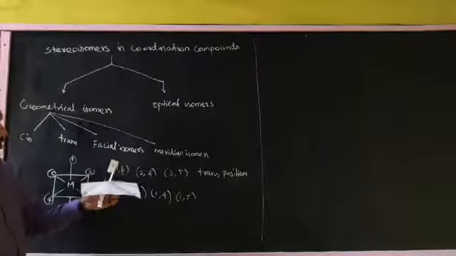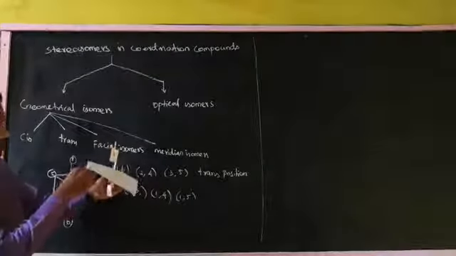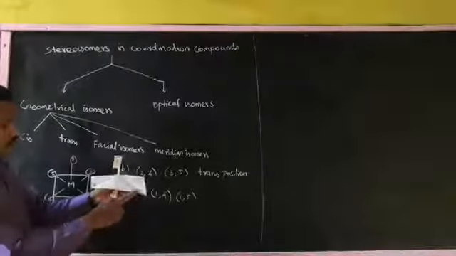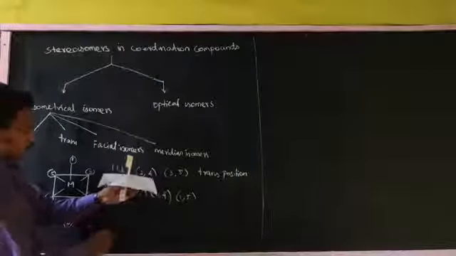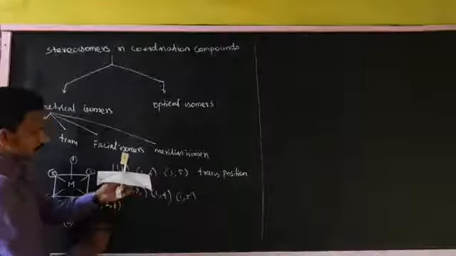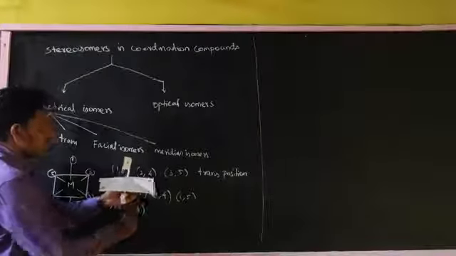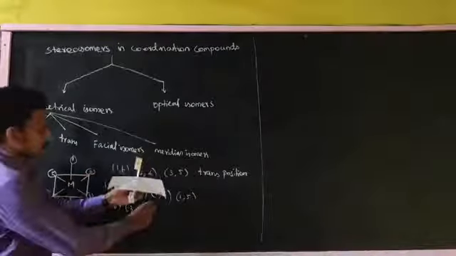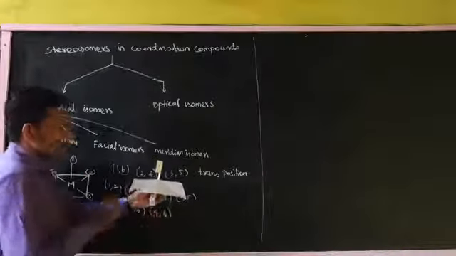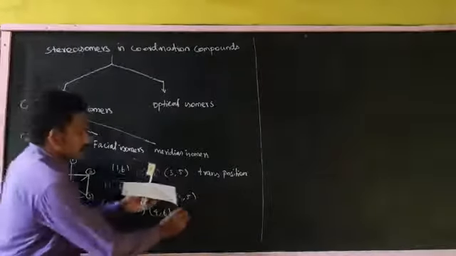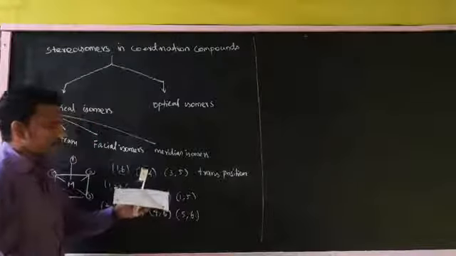Now down also we can get it: 2, 6, then 3, 6, then 4, 6, then 5, 6.